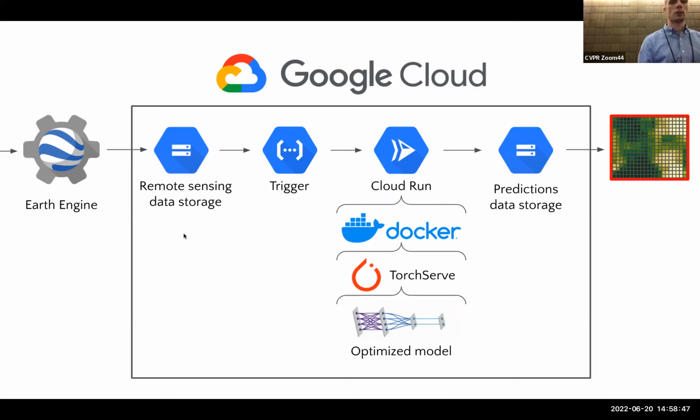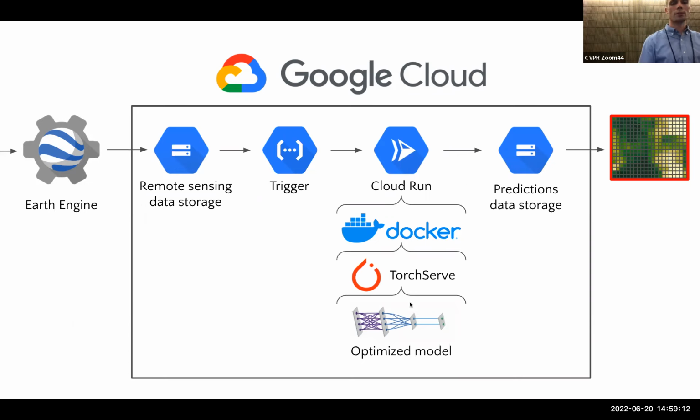That movement of the data triggered a cloud function. The cloud function in turn triggered Cloud Run, which is where we have our model packaged in. The model is packaged in that TorchServe Docker container, and then it's multiplied up to 1,000 times based on the amount of data that we have available for inference.